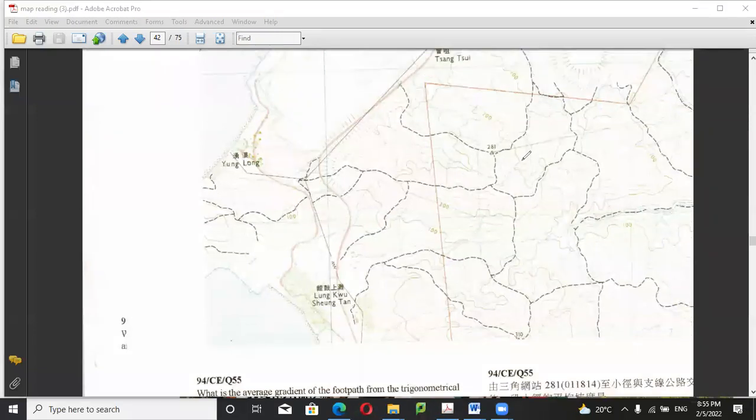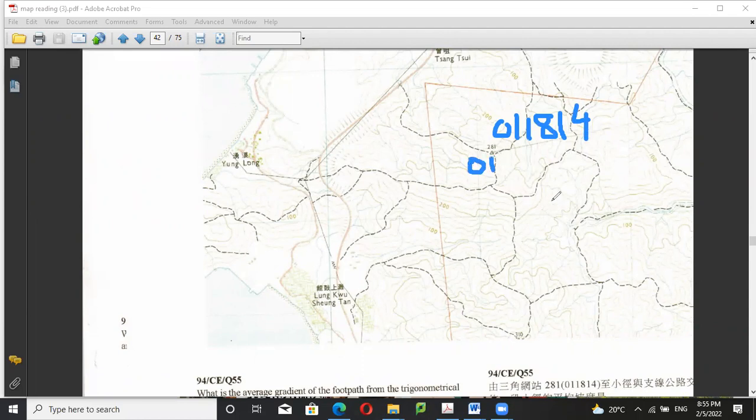Because for the 2H1, which is 011814, you can comprehend this one should be 01 and this one should be H1. So accordingly, what we are going to find is this line, this path. Why?